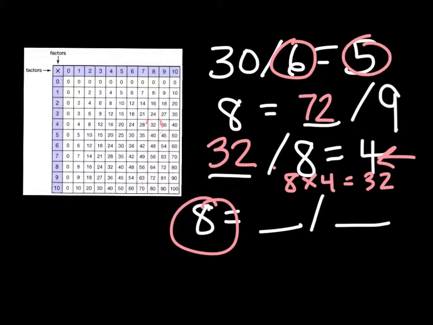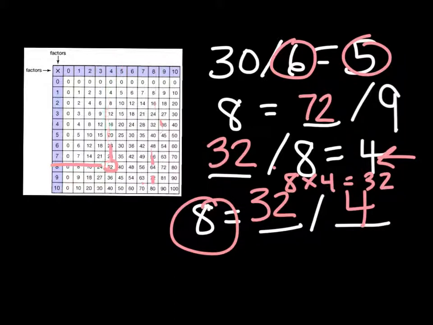If I go along my 8s, I can use anything in that row, anything in that column. So I'm going to go across the 8s and stop, let's say, at 32. I already know it's 8, so I have to go up, up, up, up, up, till I get to 4. I know that 32 divided by 4 is 8.